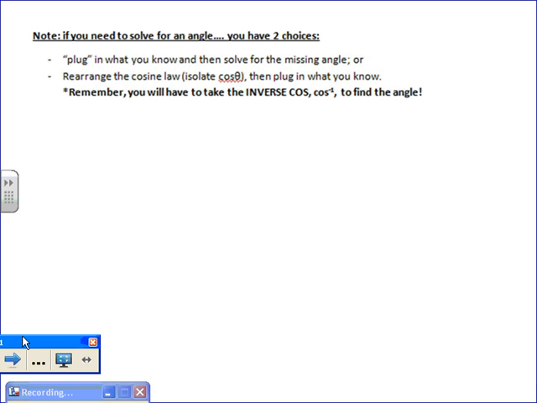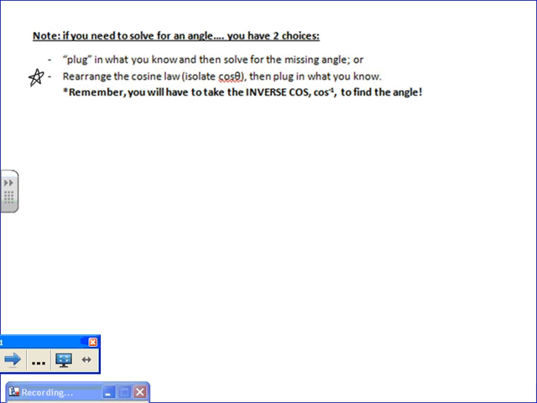One is to plug in what you know, so plug in all the values, simplify your math, and then rearrange for cos of the angle. Or a fast and easy method here is to rearrange your cosine law first so that you have the cos of your angle equals a formula on the right hand side, and then plug in the values that you know. So substitute after you rearrange. It really makes no difference, whatever you're more comfortable with.